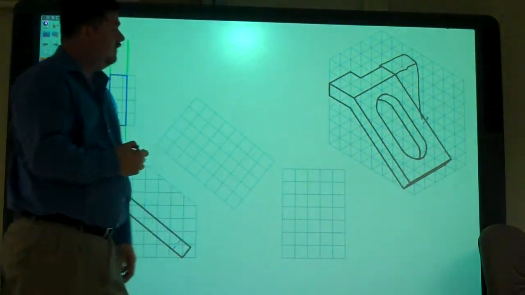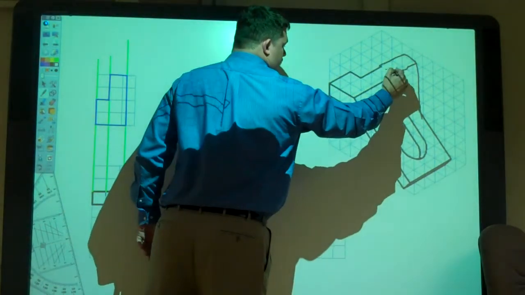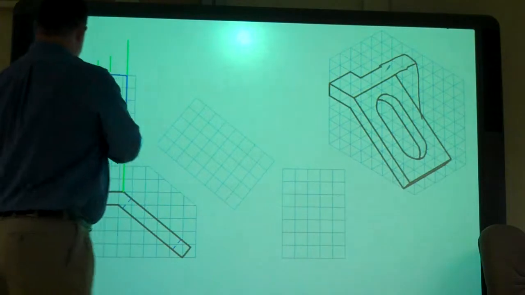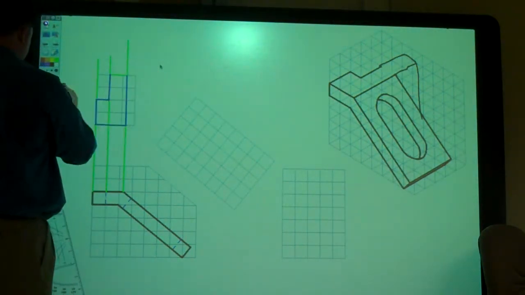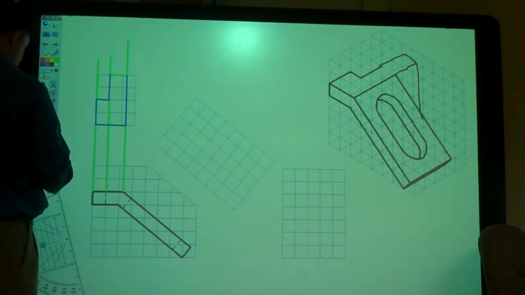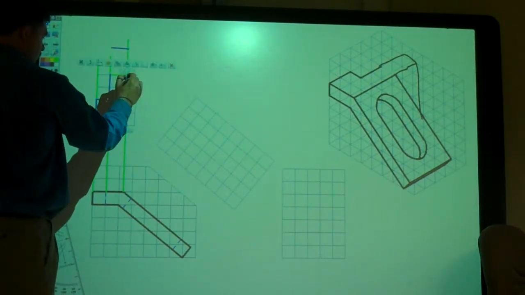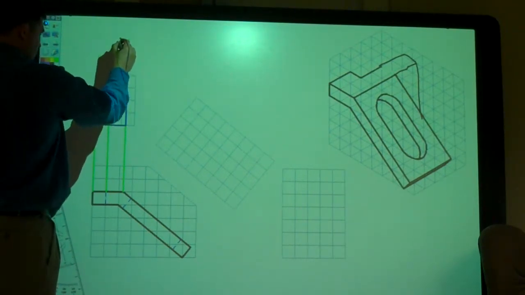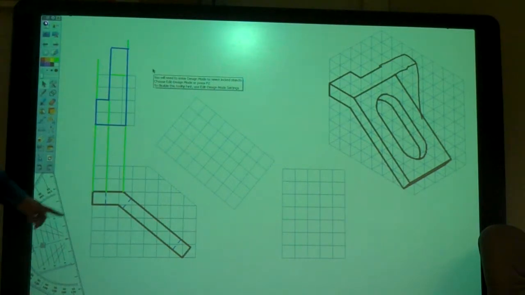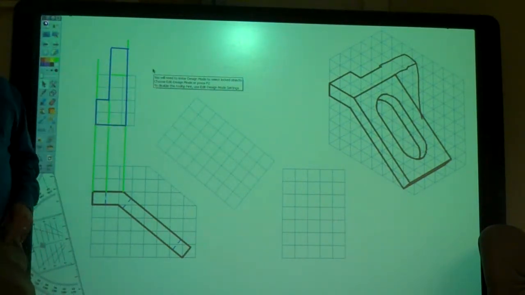Right? So it was like that. You got that, and then we have the auxiliary. Auxiliary is going to be a different size than this one is.